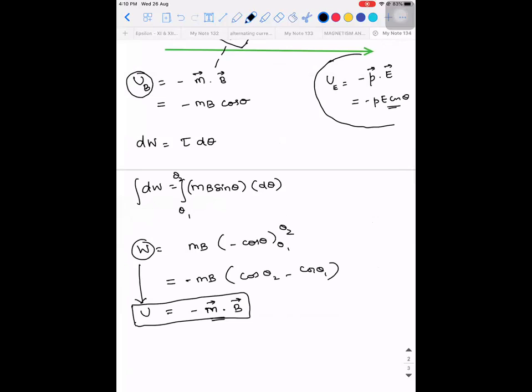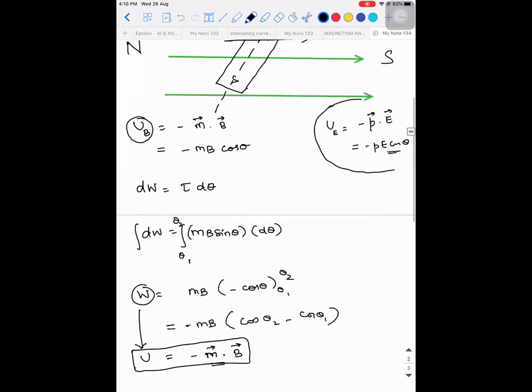Minus M vector dot B vector. Okay, we'll be seeing everything similar to what we saw in the first chapter. Sir, what is theta 2 and theta 1? Theta 2 is some angle, that's it. It started at some initial theta 1 and went to some theta 2.